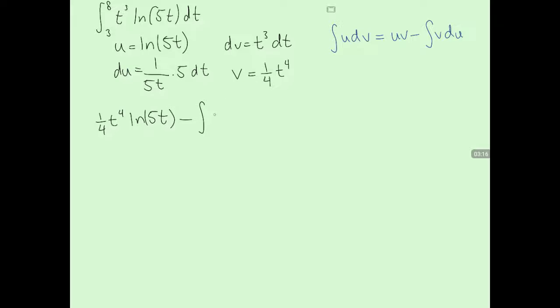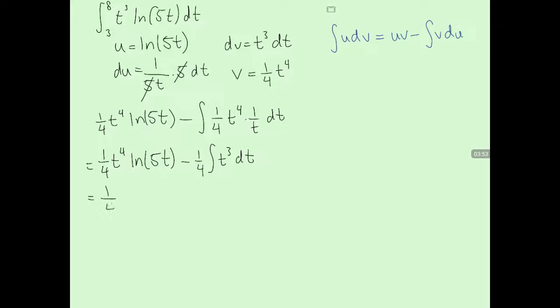So that's just going to be 1 over 4 t to the fourth times, so these 5's cancel out, it's just 1 over t dt. So now we can see that our integral has simplified quite a lot, because this can cancel out very nicely. So we have 1 over 4 t to the fourth ln 5t minus a quarter, and this can just be t cubed.